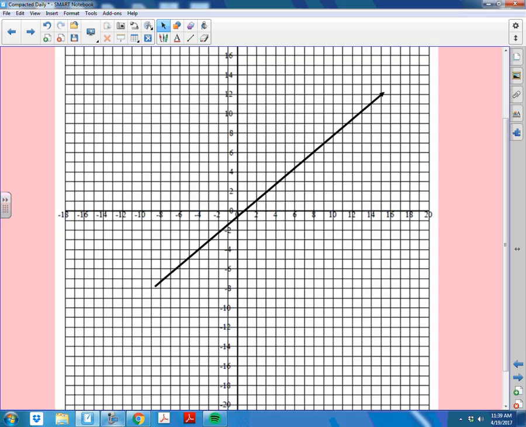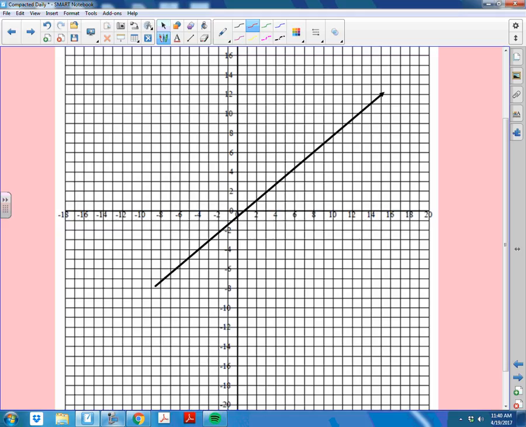So say I have this line, and I'm going to measure the slope of the line. All you really have to do in order to measure the slope of a line is first find two points. Now the points need to be good points.